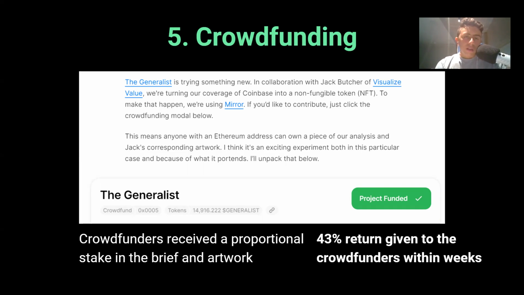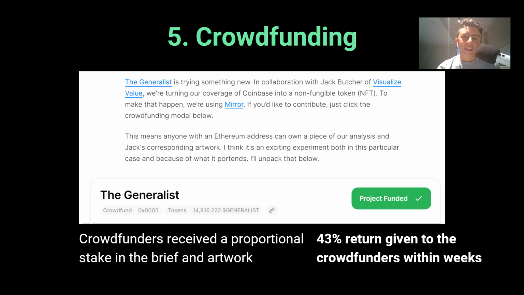The first is the Generalist, and I think they're a publication. I don't know that much about them, but they partnered with Jack Butcher, who's a very well-known internet figure. They were doing this brief about Coinbase, which is a platform for, what is it, Oscar? Trading and... Yeah, it's a cryptocurrency exchange. Yeah, that's the one.